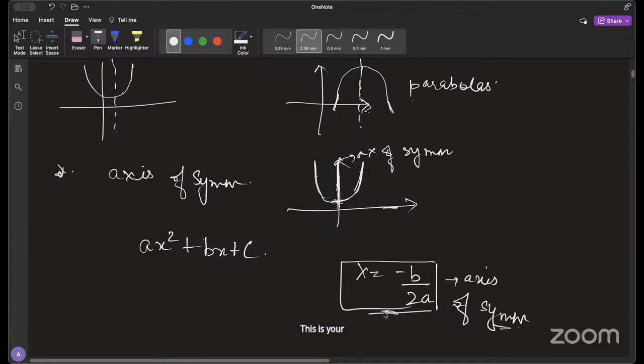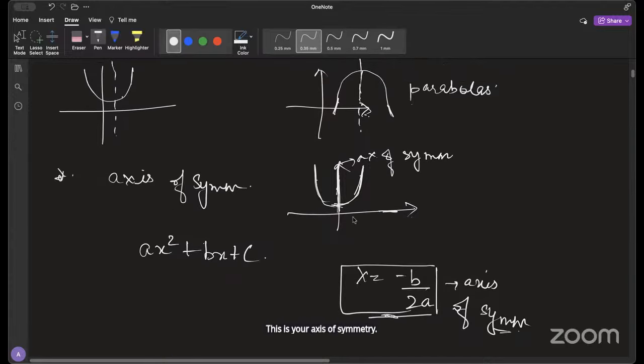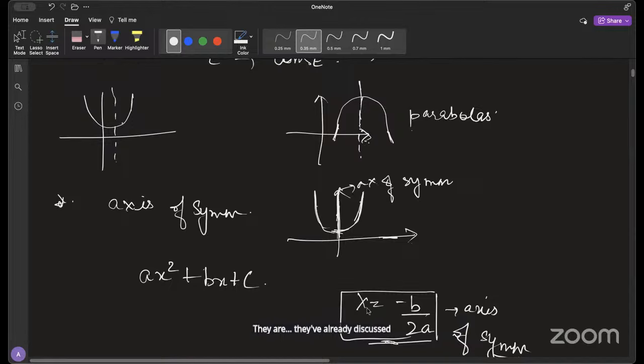We've already discussed how x equals some constant, and minus b by 2a is a constant. If you have x equals some constant, that line is parallel to the y-axis.